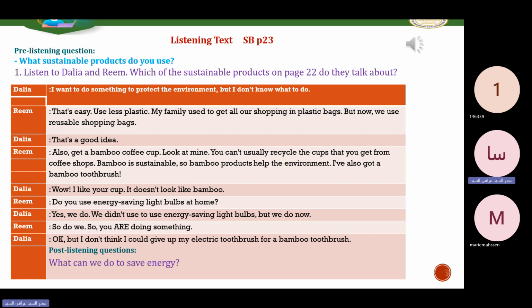We use bamboo to make cups of coffee or any other things which are helpful to our environment. We also should use energy-saving light bulbs at home, which use a little amount of electricity. Students' Book, Unit 9.